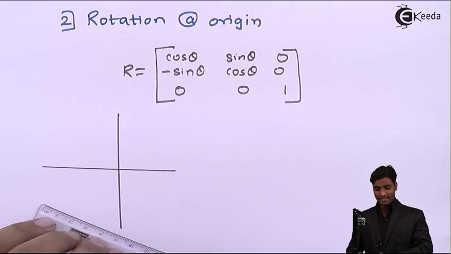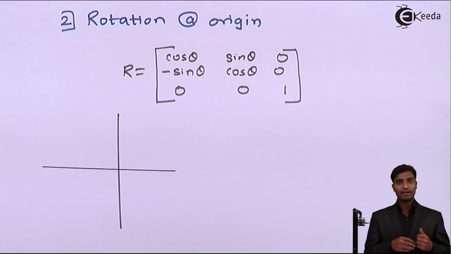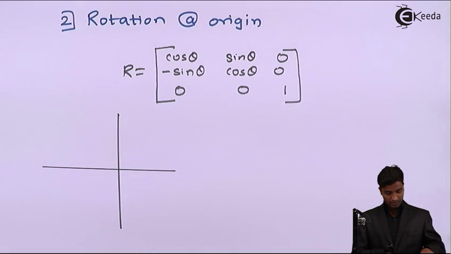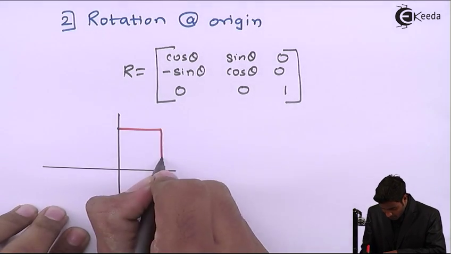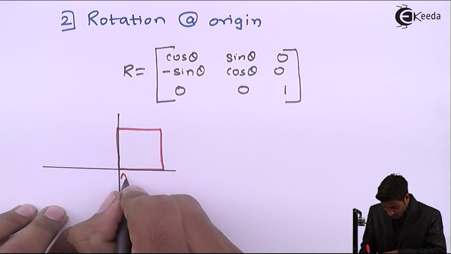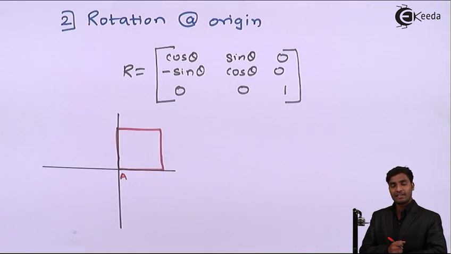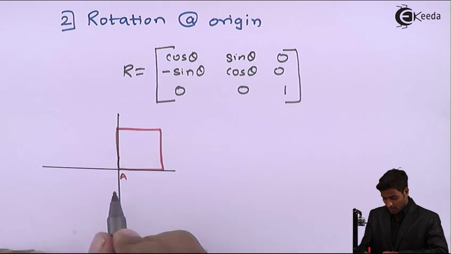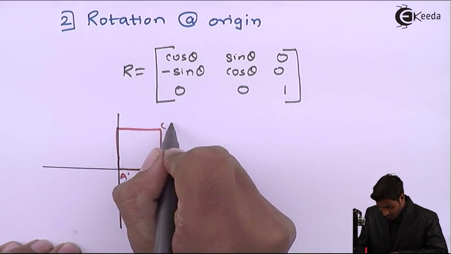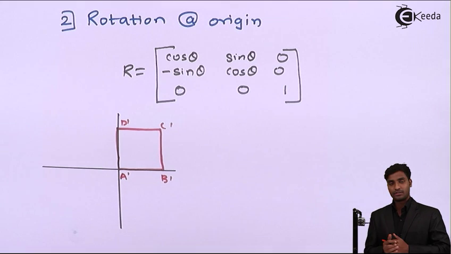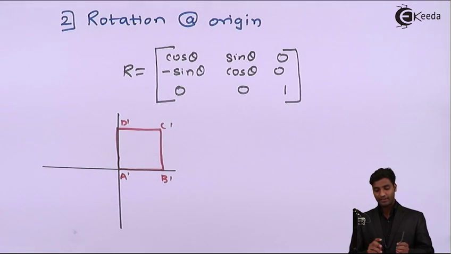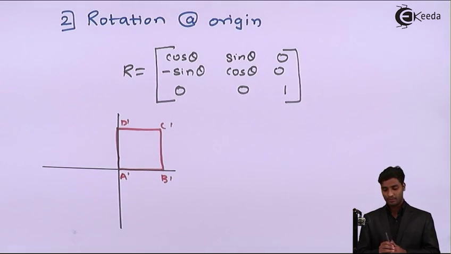This is just for the idea of how the figure will look after performing the transformations. I am representing the final figure as A dash, B dash, C dash and D dash. So this will be the figure after performing rotation, but the rotation is to be done about an arbitrary point.